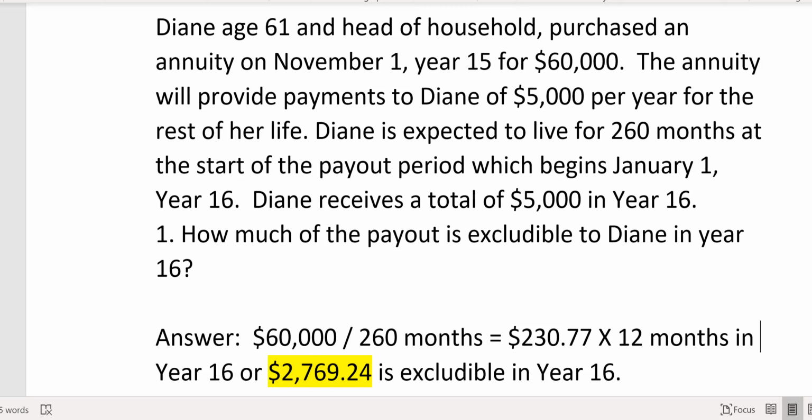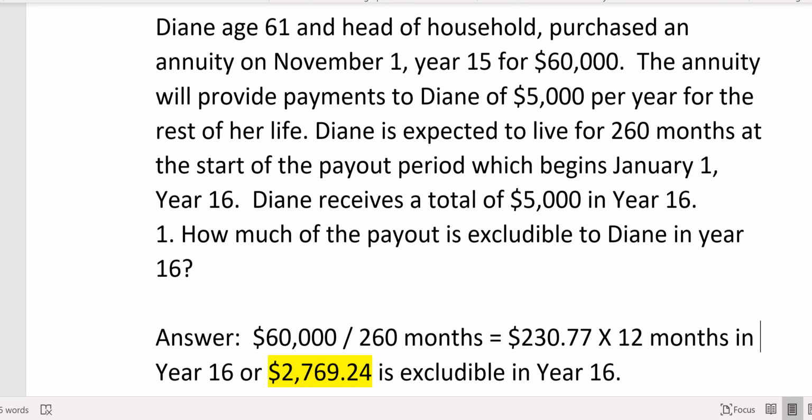And you would get a total of $230.77. Okay, what do you do with that? Well, that's the excludable portion of the payout. So that means $230.77 every month is going to be excludable.